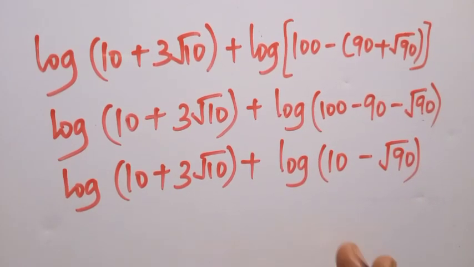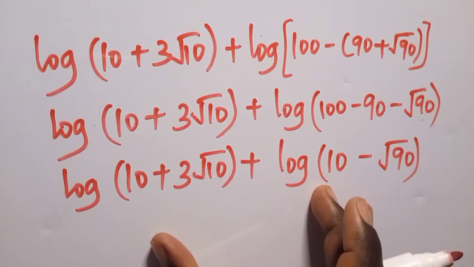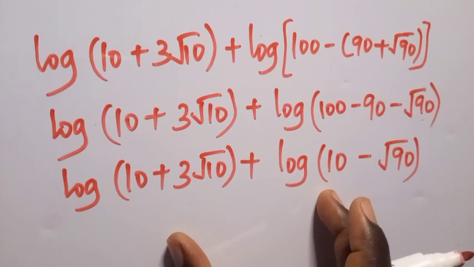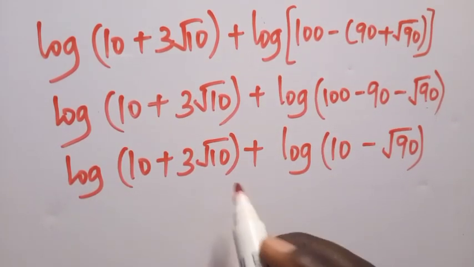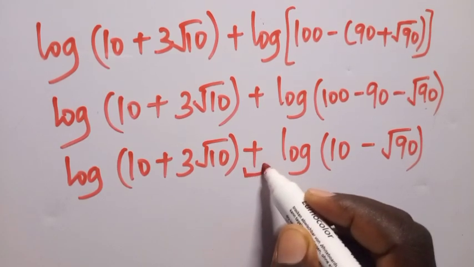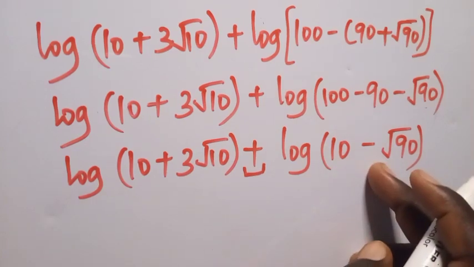Now, since we have two logarithms, we can combine them to be a logarithm of a single number. From the laws of logarithms, since there is an addition sign in between, we can multiply this one and this one directly.